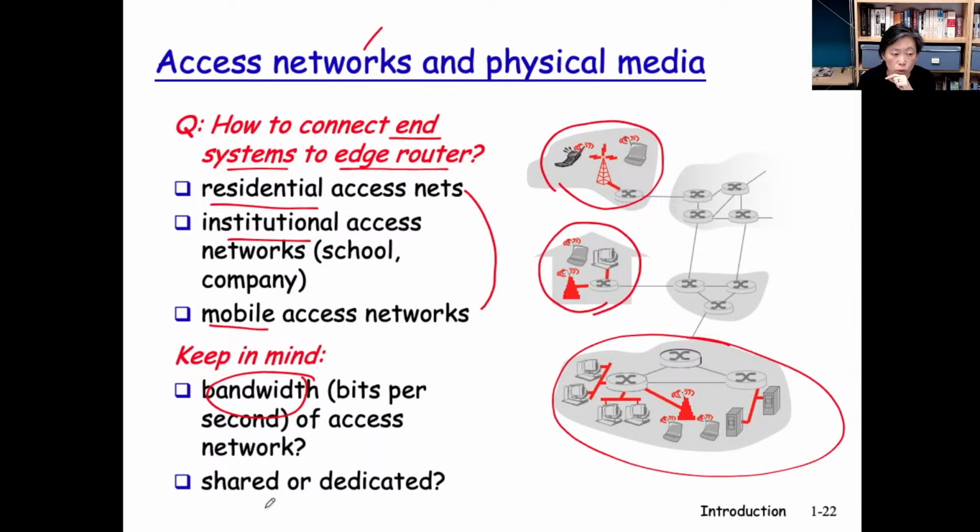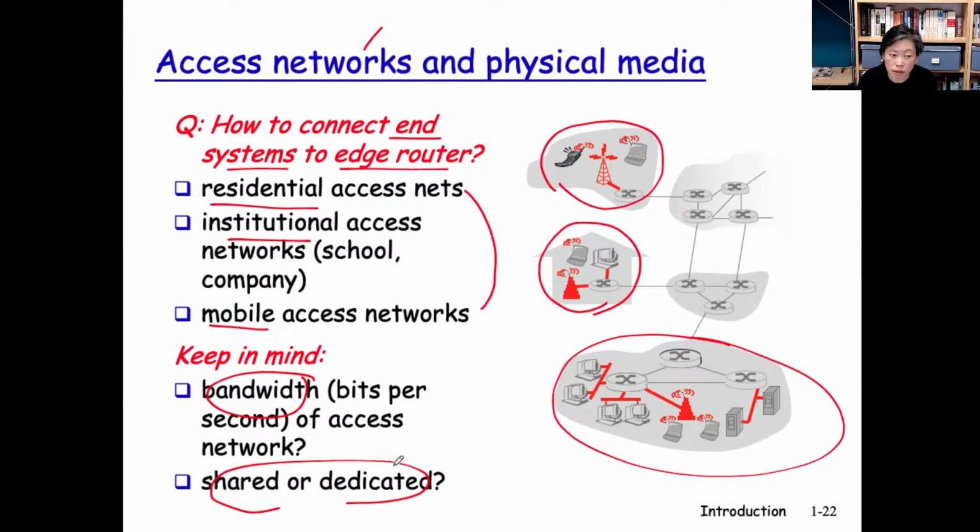Pay attention also to how the access net is being used among the users. Some access nets give you this amount of bandwidth, but all the users accessing the network will share the bandwidth. So if there are more users, each one gets a smaller cut.